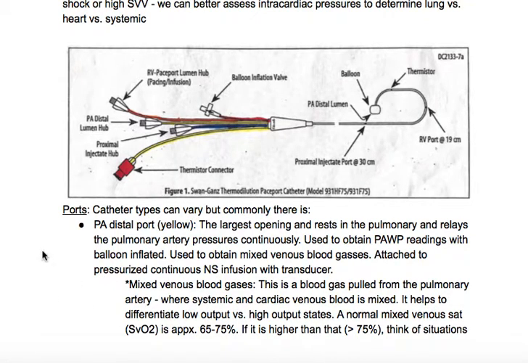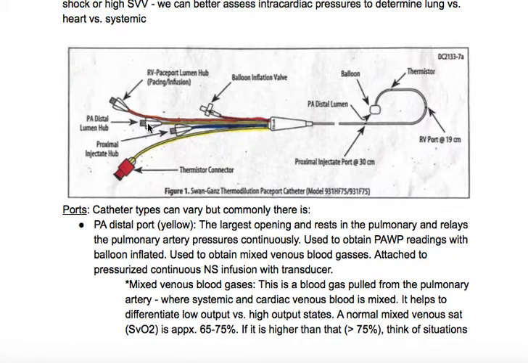This PA portion, or the distal yellow port here, is used to obtain wedge readings because that connects to the tip of the catheter. So the yellow port is the portion of the catheter that physically gives us the number, but it is not where the syringe goes. I apologize. The balloon inflation valve, or the red port, is where the syringe stays.